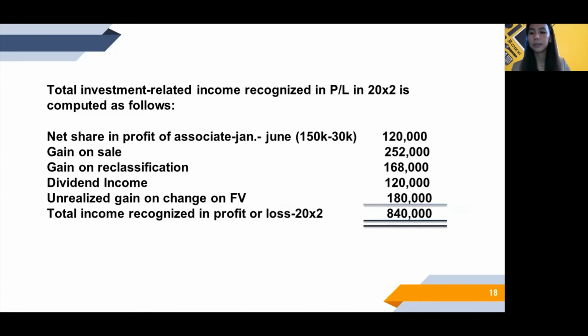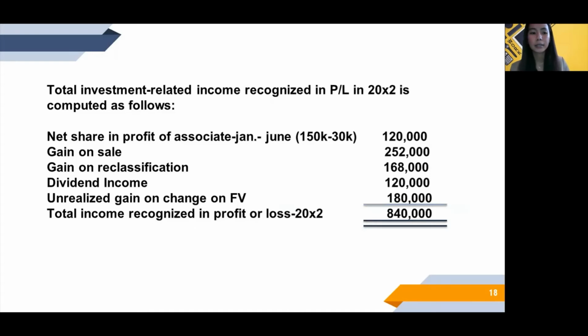And lastly, to compute the total investment-related income recognized in profit or loss ng 20x2, kunin muna natin yung net share in profit of associate na yung January 1 is i-less natin yung sa June. So, makukumpute natin yun sa 150,000 less 30,000. So, we will get 120,000.